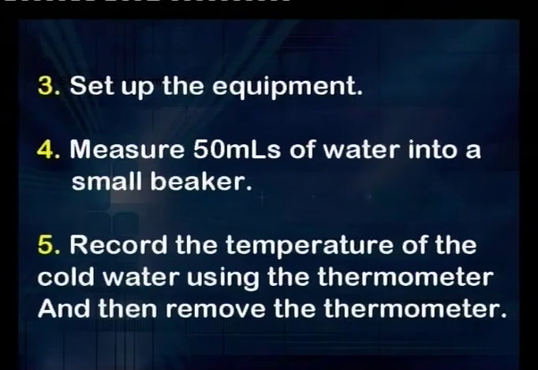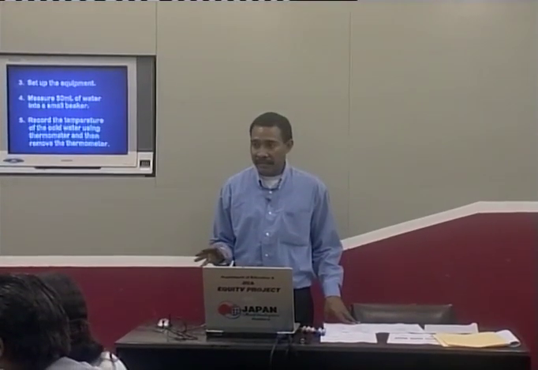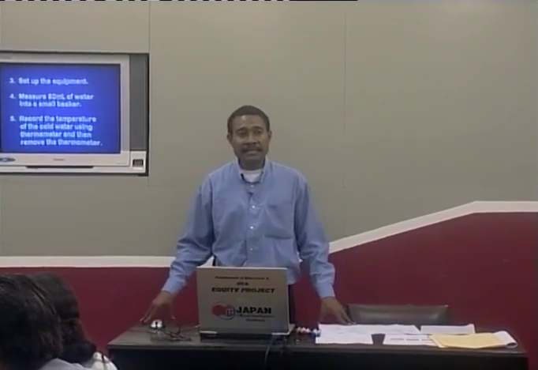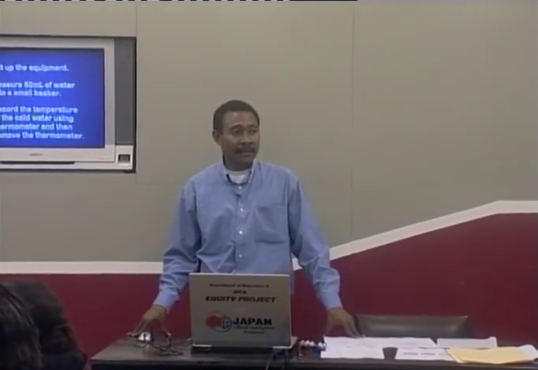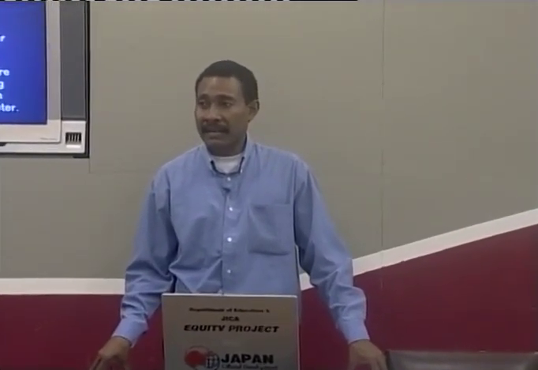And then you will record the temperature of the cold water using the thermometer and then remove the thermometer. You have thermometers there. There are thermometers containing mercury and alcohol, but in this case we will be using thermometers that contain alcohol.